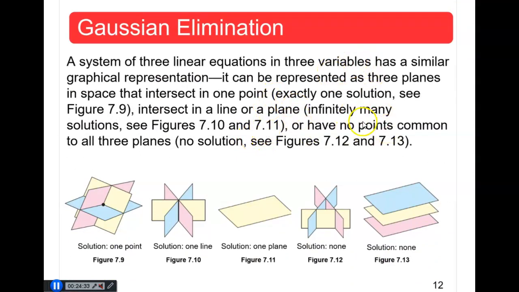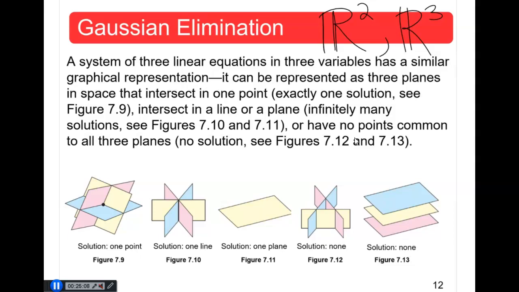Remember the symbol for real numbers is a capital R with a double leg. So when we solve equations in a 2 by 2 xy plane, we say that we're working in R2. When we're working in 3 variables, we are working in R3 because we have x, y, z.